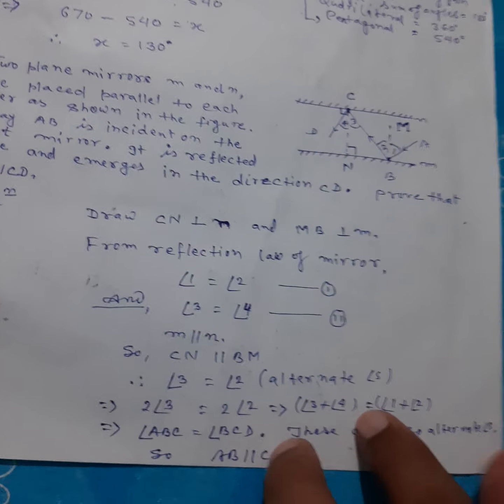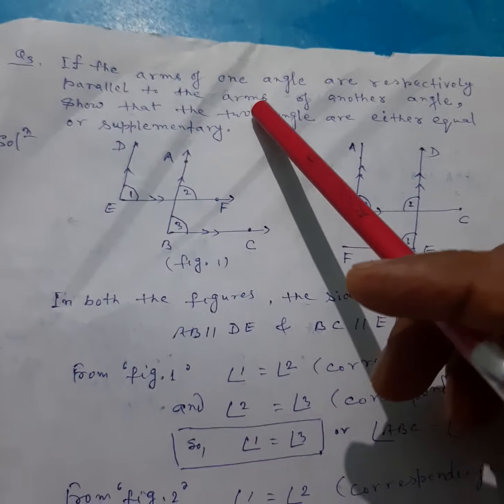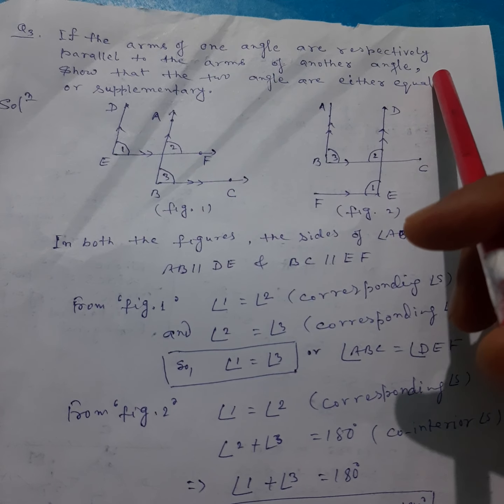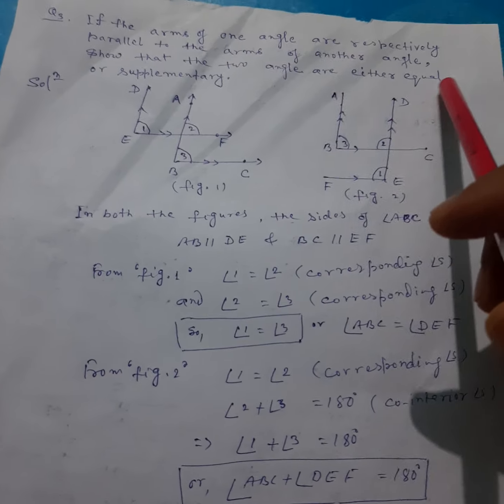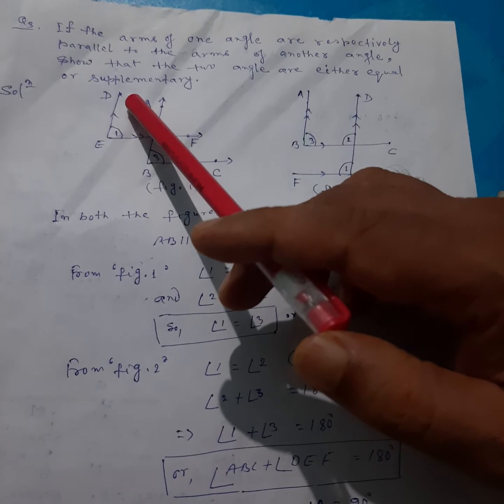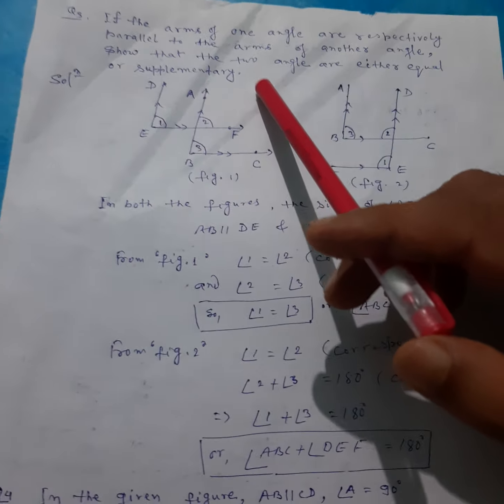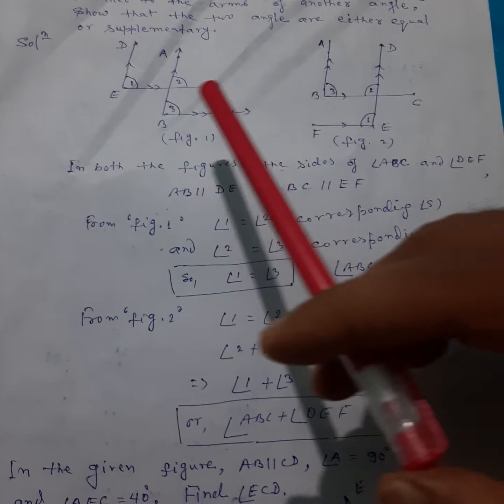That's it. Now the next result: if the arms of one angle are respectively parallel to the arms of another angle, then the two angles are either equal or supplementary. Here we draw two figures.